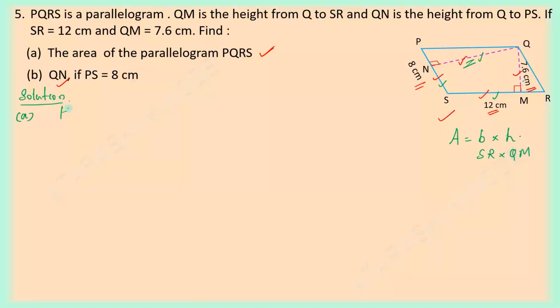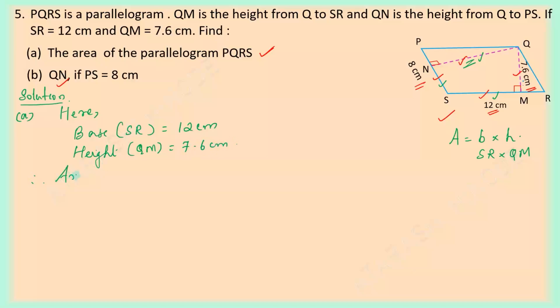So let us write base SR equal to 12 cm, height QM equal to 7.6 cm.